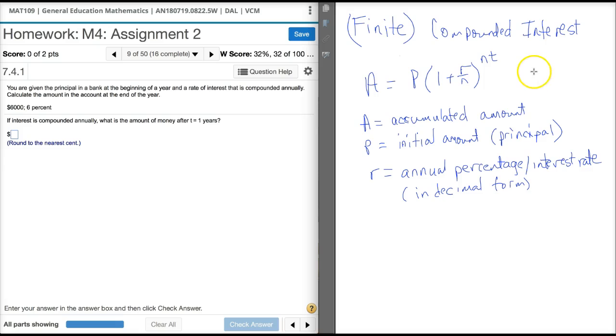So for instance, if I said I had an interest rate of 5%, then I would rewrite this as 0.05 when I plug it into this formula. N is the number of times, whatever it is that we're talking about, it's compounded per year.